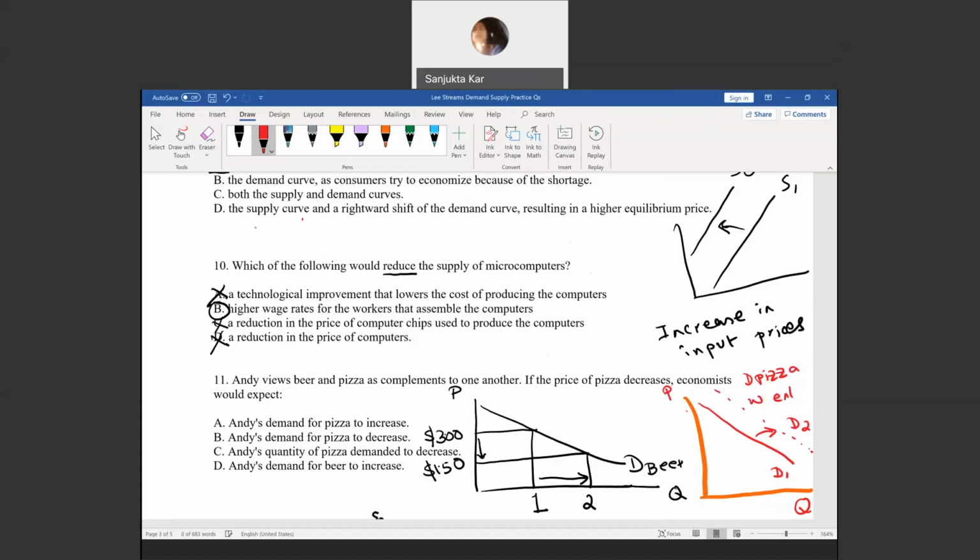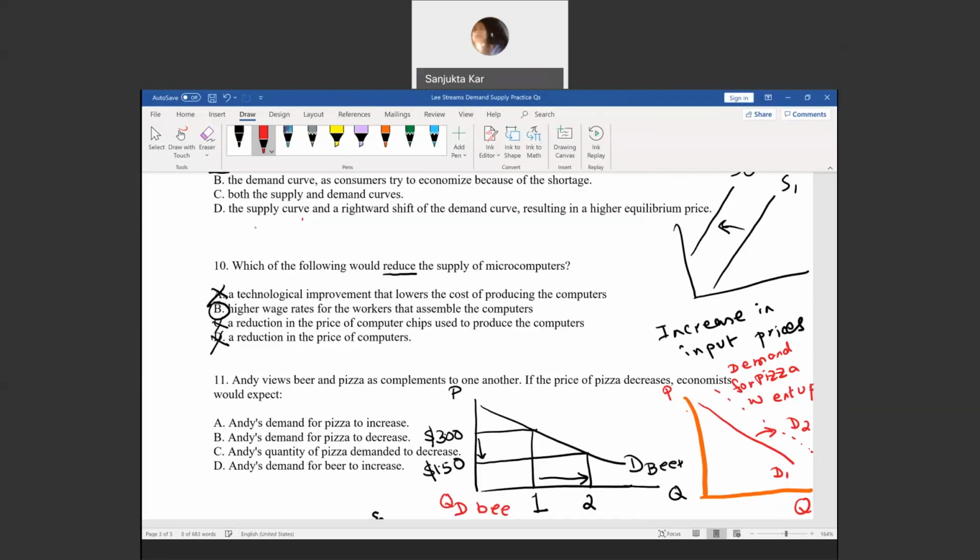We do not say the quantity demanded for pizza went up because nothing happened to the price of pizza. Only the price of beer went down. Over here, definitely we say the quantity demanded.